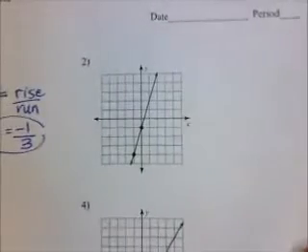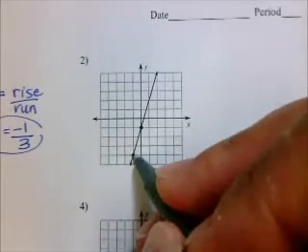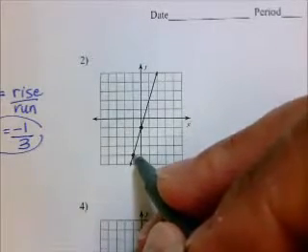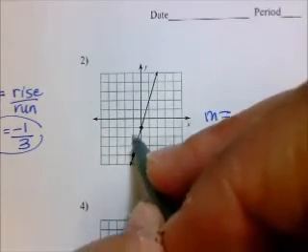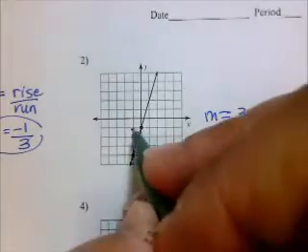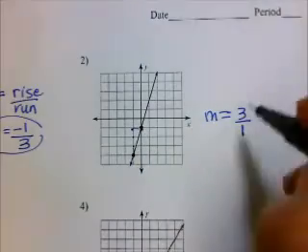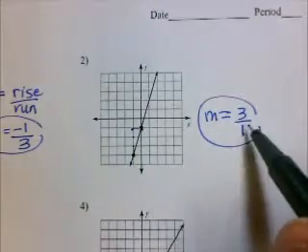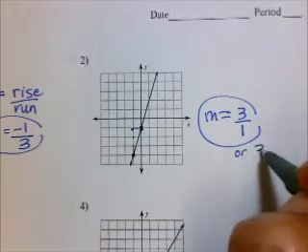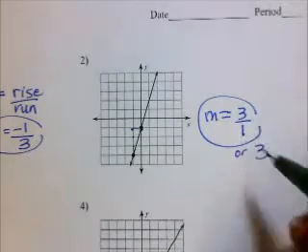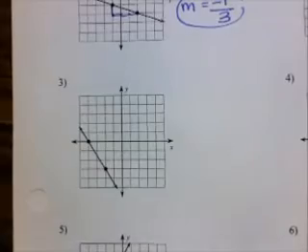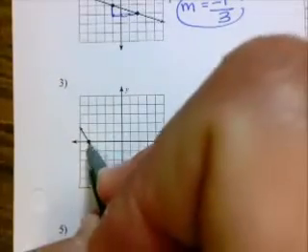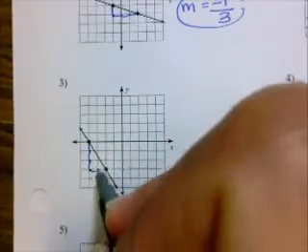Okay. Number 2, again, start on the dot that's on the far left. It's going up 1, 2, 3, and going across 1. So that has a slope of 3/1, or you could just say 3, because anything that has a 1 on the bottom is still just 3. Okay, this one, down 1, 2, 3 over 1, 2.